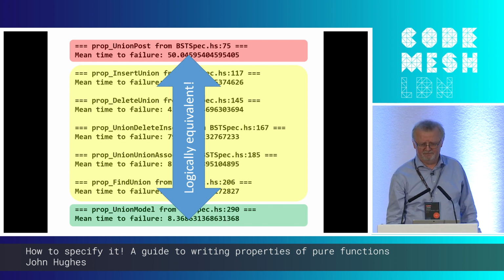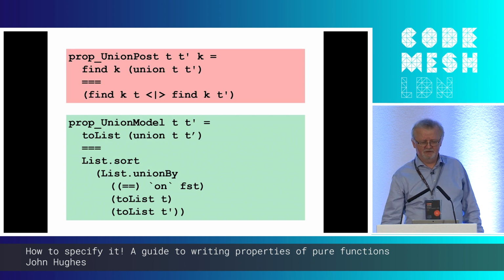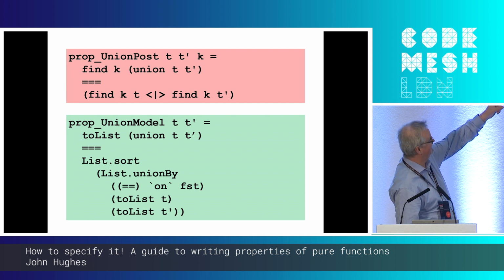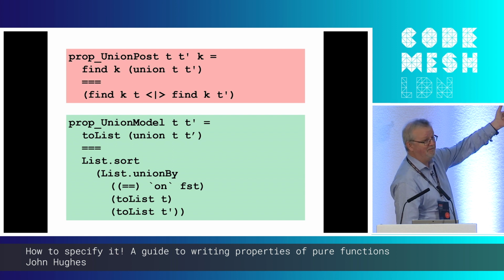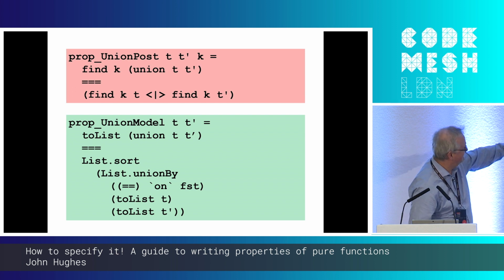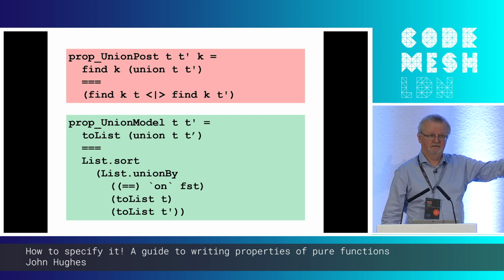Why this huge difference in performance? Here are the two properties, the postcondition at the top, the model-based one at the bottom. The postcondition, look at the arguments. The test takes as inputs 2 trees, t and t prime, and a randomly chosen key. The second property just takes those 2 trees.